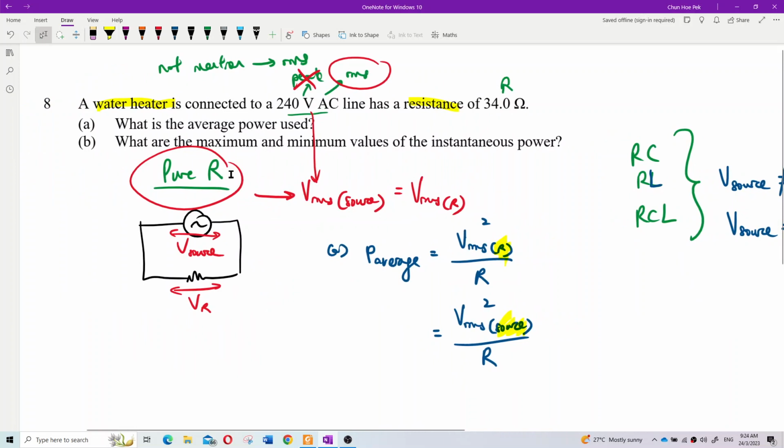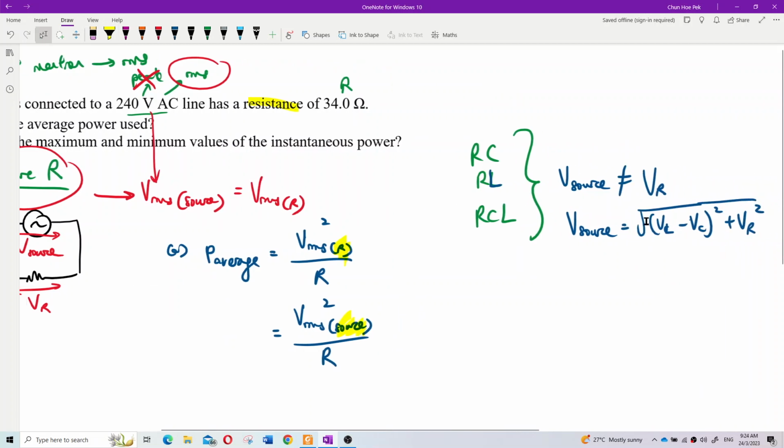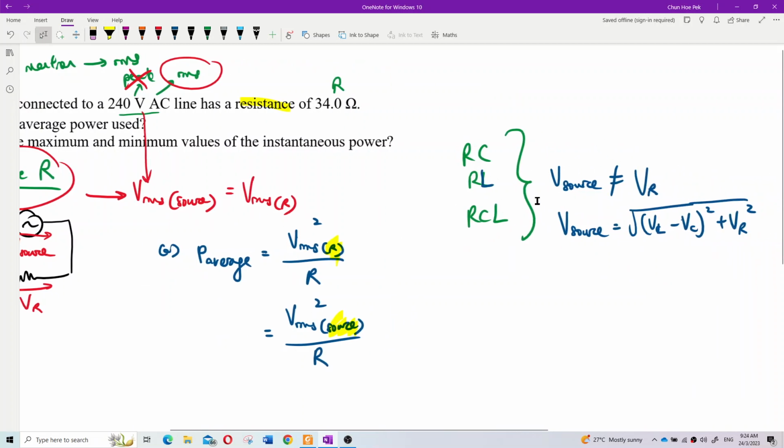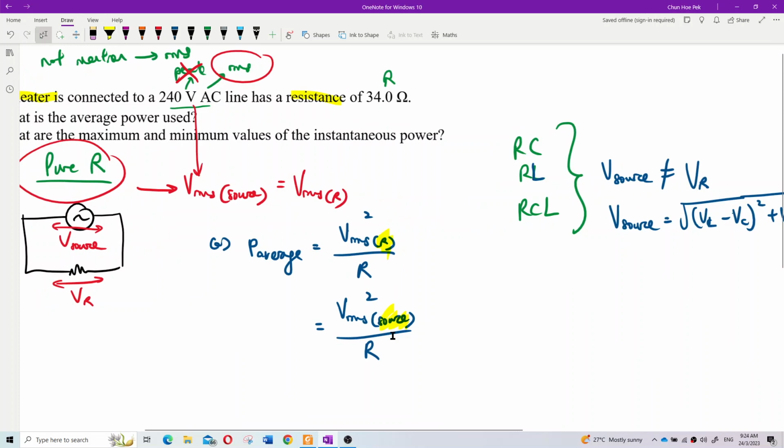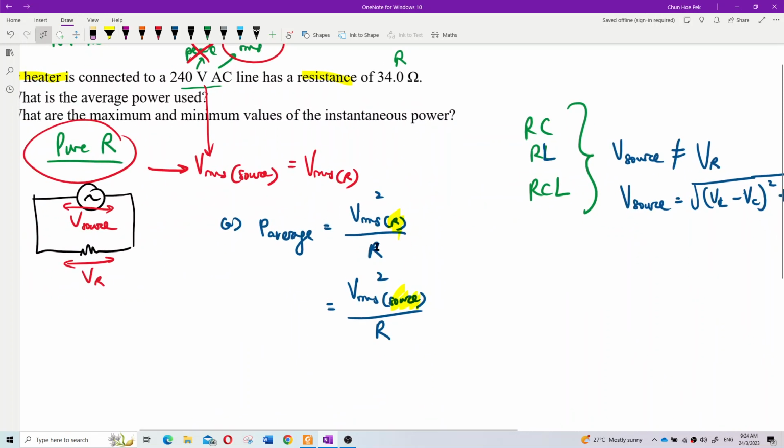But for a pure resistor, VR can change to V source, because the resistor is the only component in the circuit.